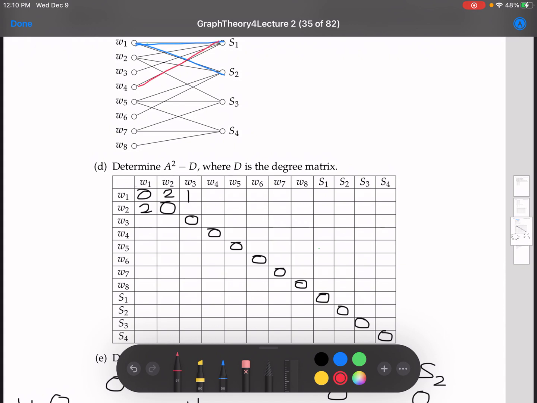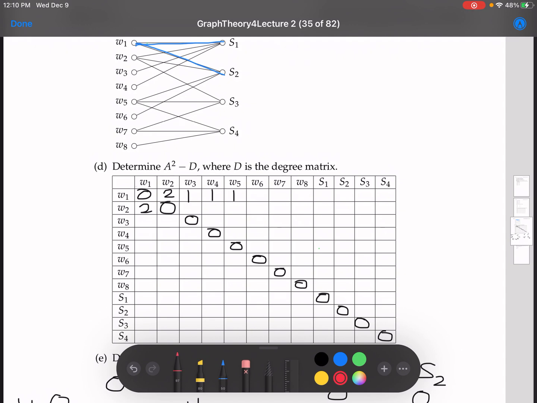So you can see just one two-edge walk from W1 to W4. W1 to W5. Just one there, you can see. W1 to W6.